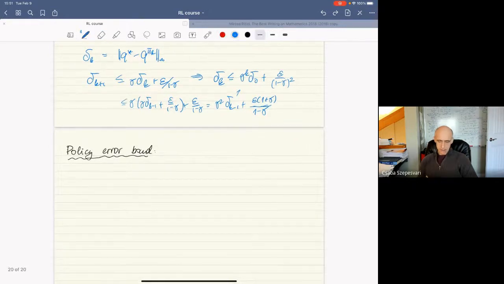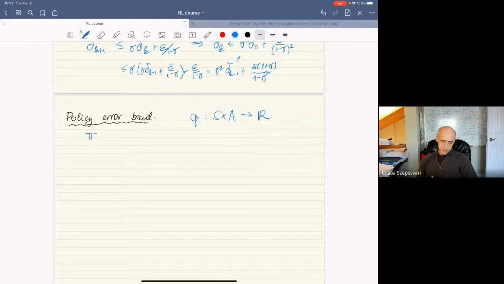So the policy error bounds would say that if you have a Q function, which is just a function mapping state action pairs to reals, and you have a policy which is greedy with respect to this Q function, then V pi, the values that a policy achieves, are almost as good as the best possible that you could get, except that there is some error, which results from Q not being the same as Q star.